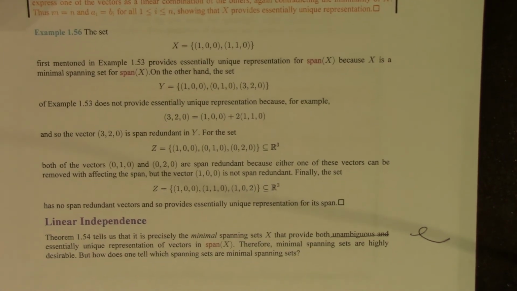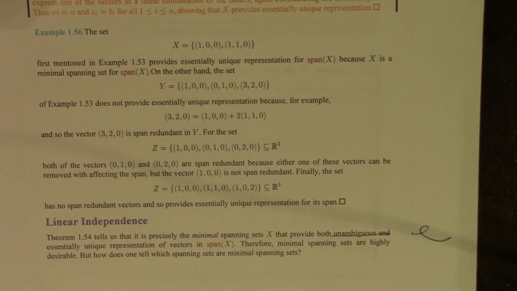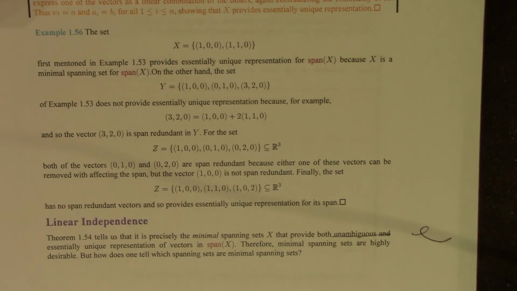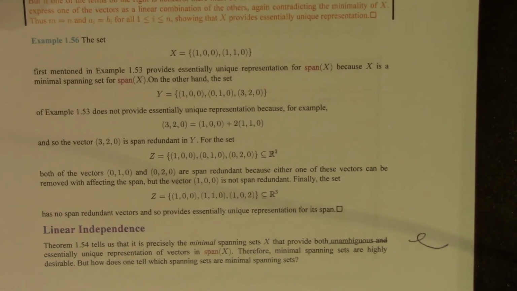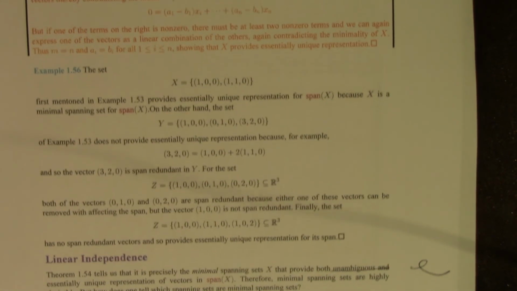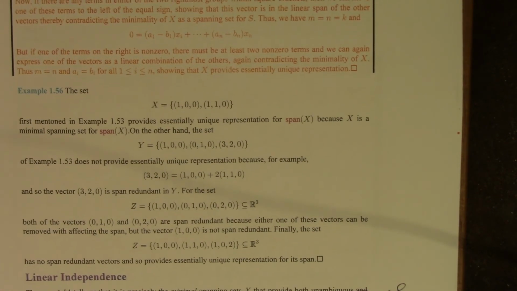So minimal spanning sets are the desirable spanning sets. They're more efficient. They don't waste resources by identifying a vector using two different, essentially different linear combinations.